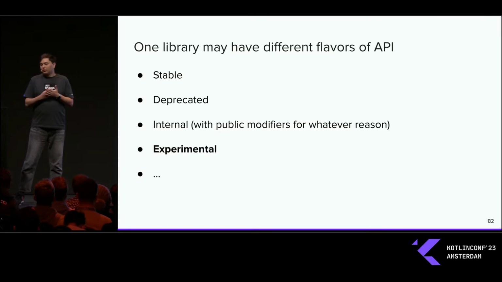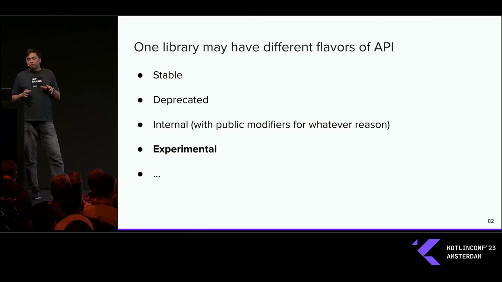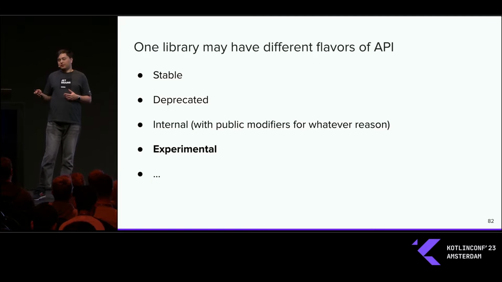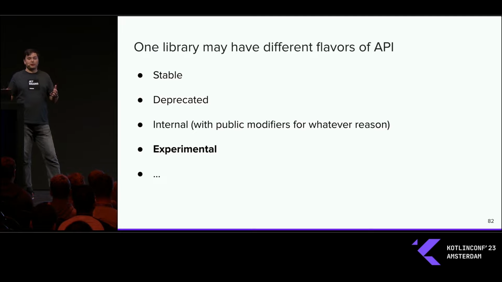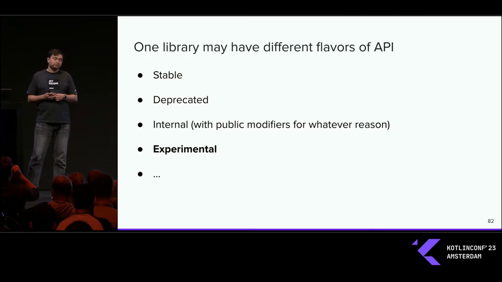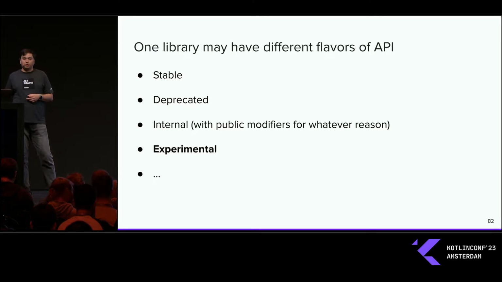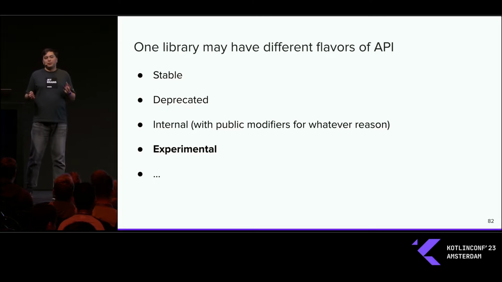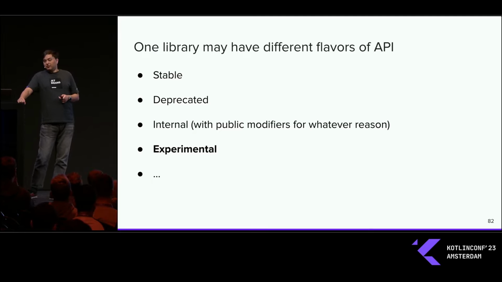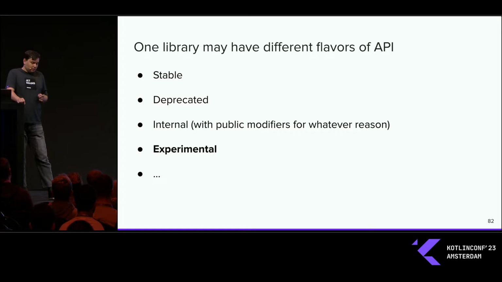As we've just learned, one library may have different flavors of API. There is a stable API with some reasonable guarantees. There is a deprecated API. There also may be an internal API which is public for some technical reasons like multimodule dependencies, and we may also have an experimental API.